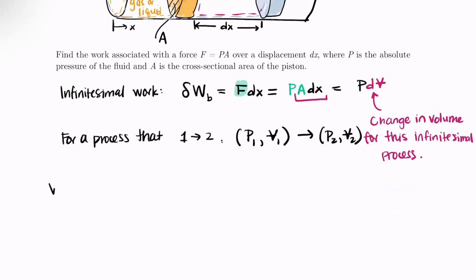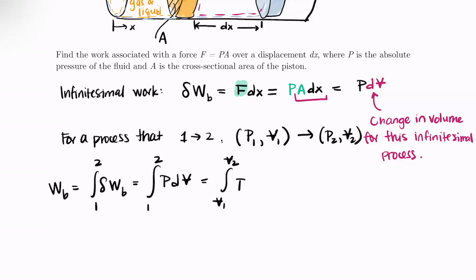So we know that WB is the integral from 1 to 2 of the infinitesimal work δWB, or we can substitute the integral from 1 to 2 of P dV, which means that we want to integrate from volume 1 to volume 2 of P dV. Is everybody okay with the substitutions that I made through there? Okay.